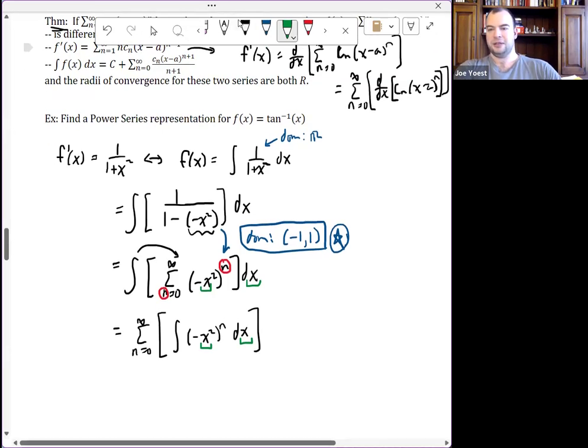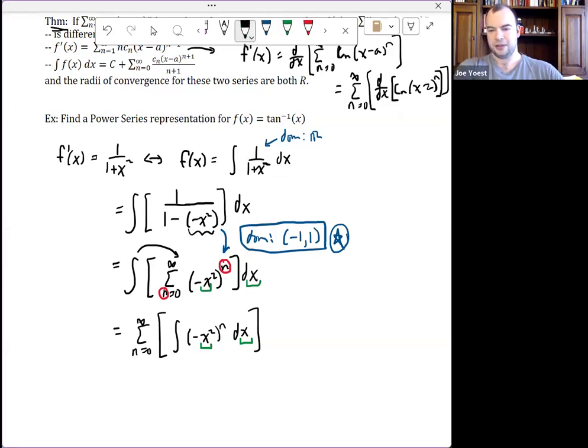And now I can integrate negative x squared to the n, right? This is just negative 1 to the n, x to the 2n. So I can integrate negative 1 to the n, x to the 2n with respect to x. The negative 1 to the n doesn't have any x's in it.